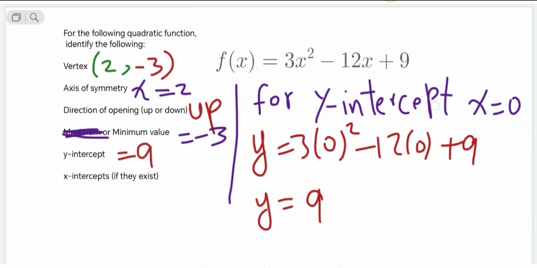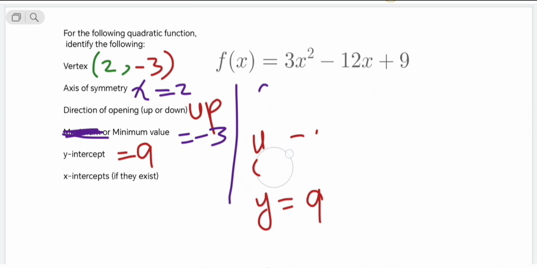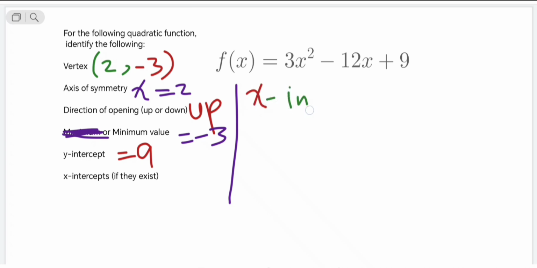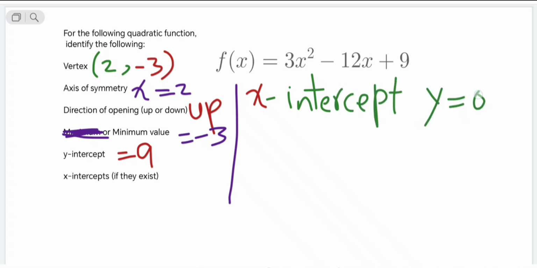Okay, now we will find the x-intercept. For the y-intercept, x is 0; for the x-intercept, y is 0, so this is equal to 0.